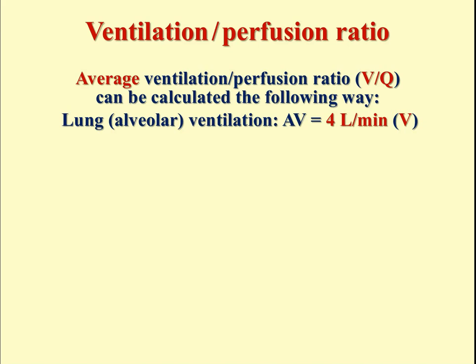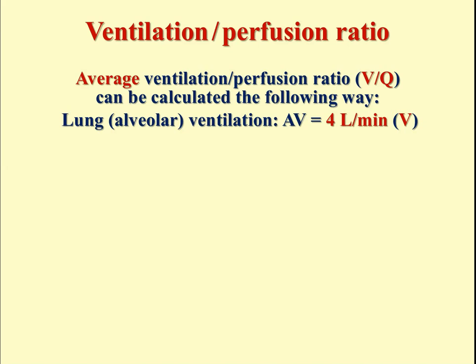Then the perfusion. The word perfusion means passing through, and exactly this passing through refers to the blood supply. Perfusion is the amount of blood supplied to the lungs each minute. The index is one and the same for any part of the circulation.